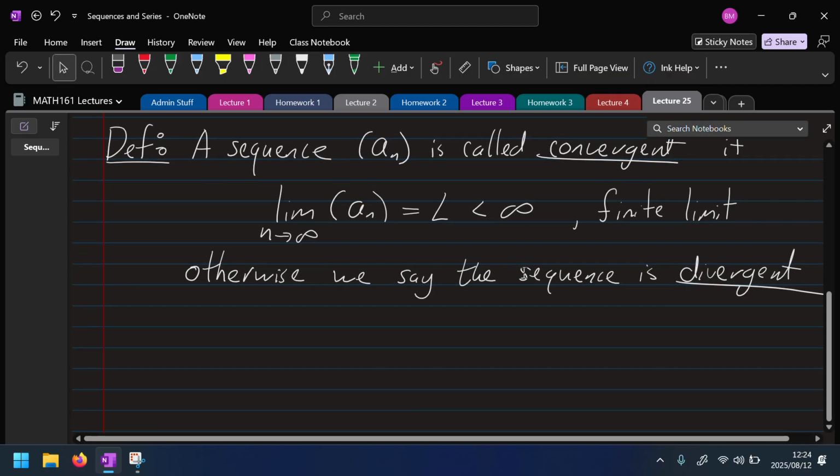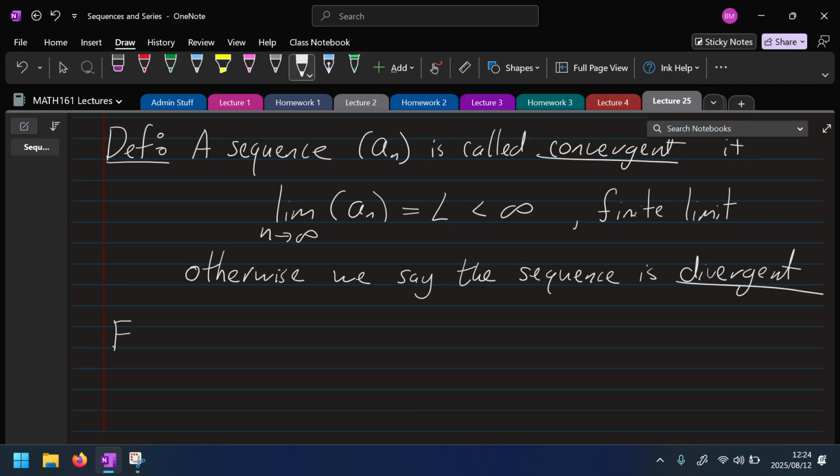Let's have a look at some examples. Firstly, let's say we have a_n equals e to the minus n. When n goes to infinity, the sequence will go to 0. That's a finite number, so this is a convergent sequence. Next, a_n equals n squared.